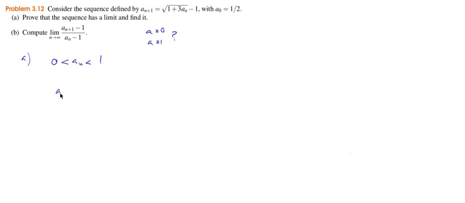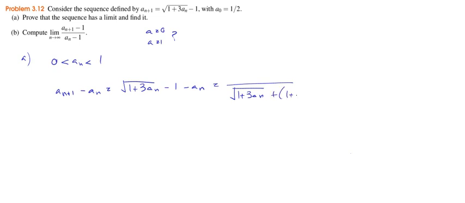Now, is it increasing or decreasing? Well, a sub n plus 1 minus a sub n is the square root of 1 plus 3an, minus 1, minus an. Now I'm going to multiply by the conjugate and divide, so we have the square root of 1 plus 3an plus 1 plus an.